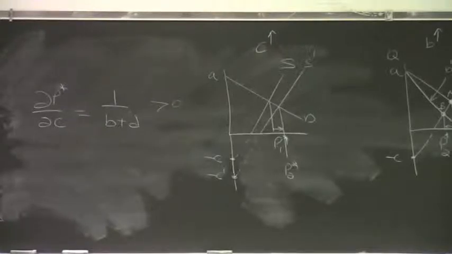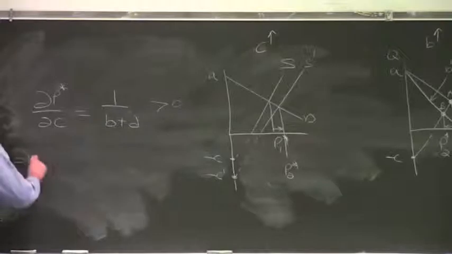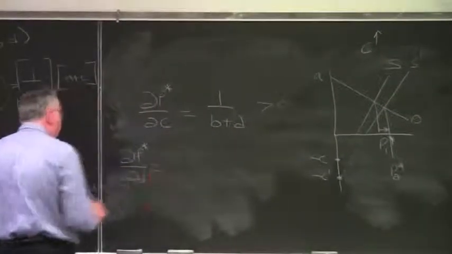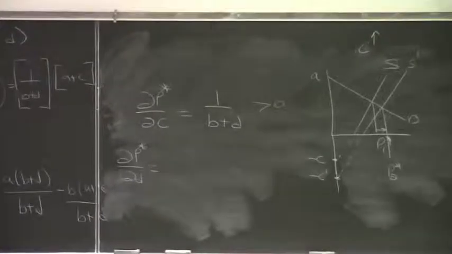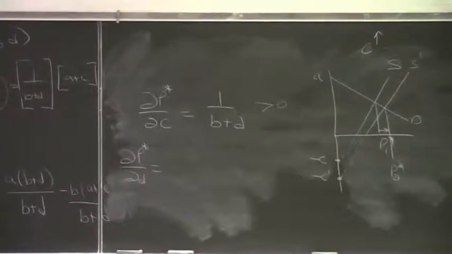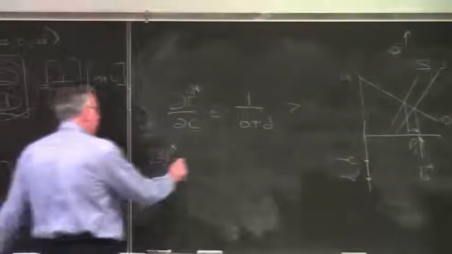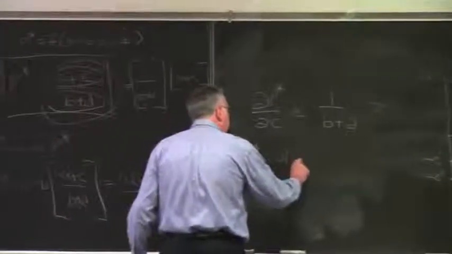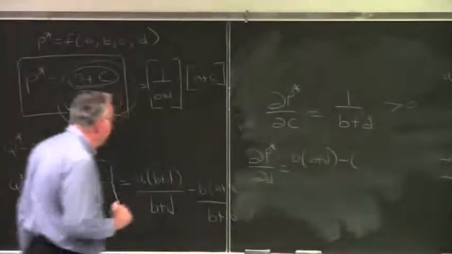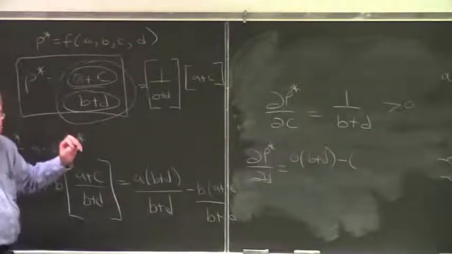Okay. Then the final one is this, partial P star, partial D. And again, the simplest way to get this is to use the quotient rule. The derivative of the numerator with respect to D is 0 times the denominator minus, what is the derivative of the denominator with respect to D?